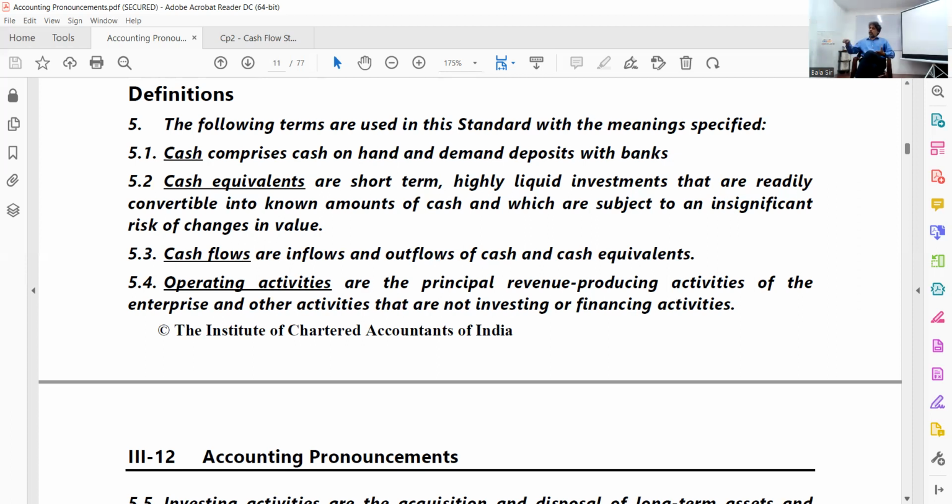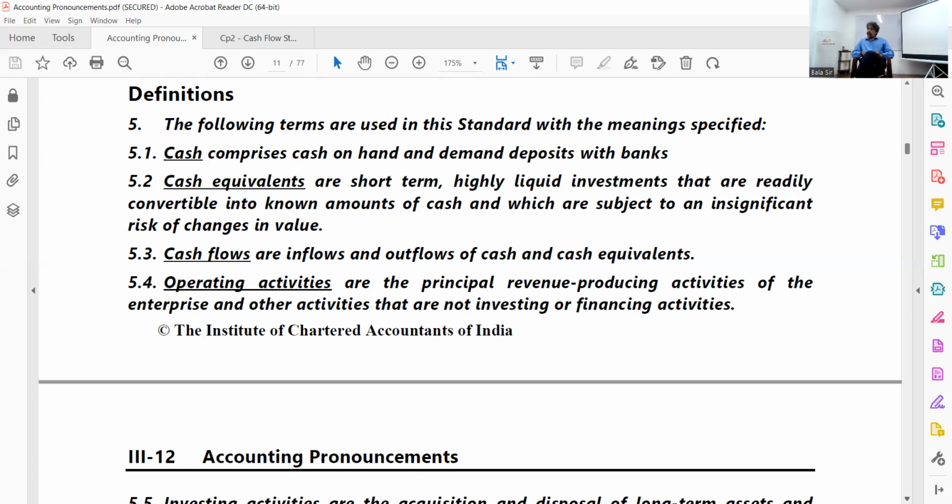Now suppose you bought debentures, what do you receive? Interest. Suppose you bought shares, what do you receive? Dividends. Suppose you purchase land and building and let it out, what do you receive? Rent. The interest, dividends, and rent received on investments will also go under investing activity. These are some popular examples, and only these are investing activity.